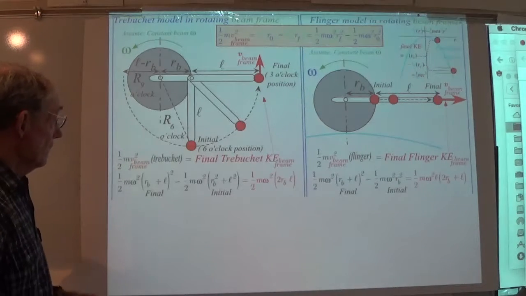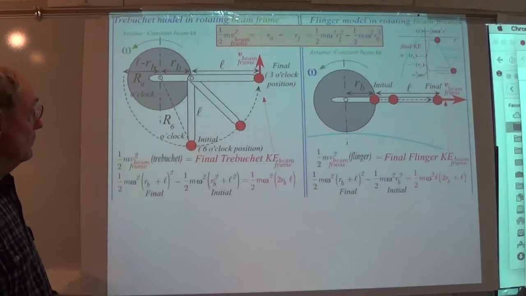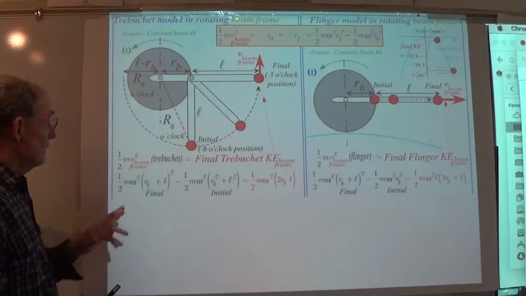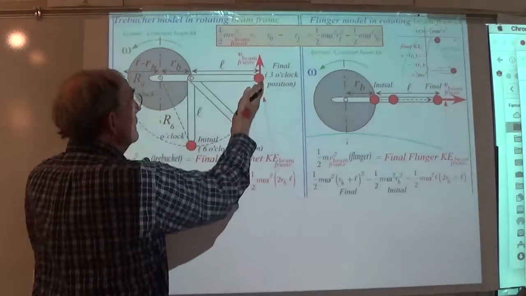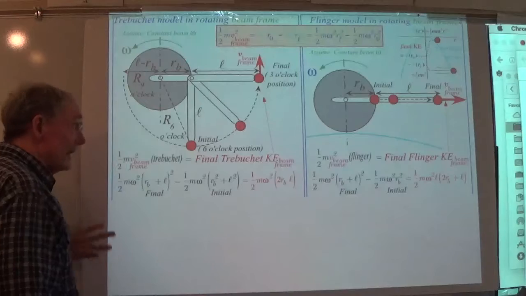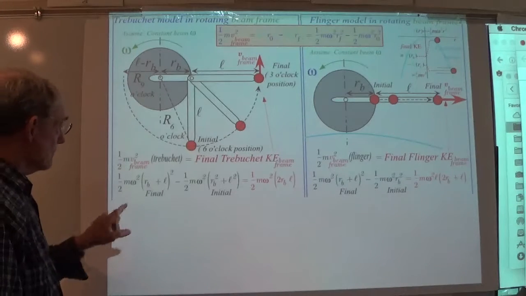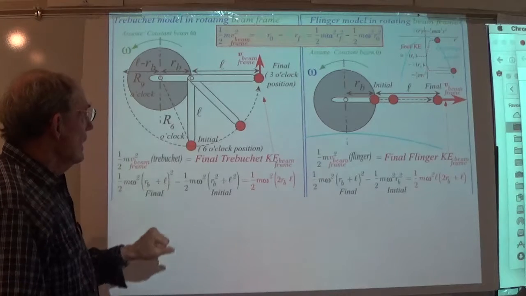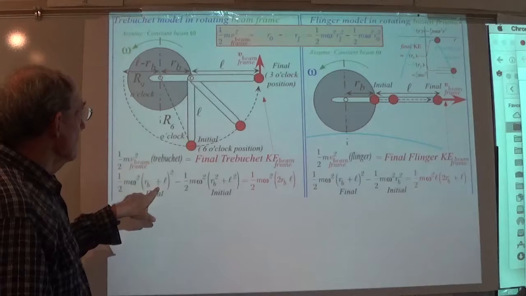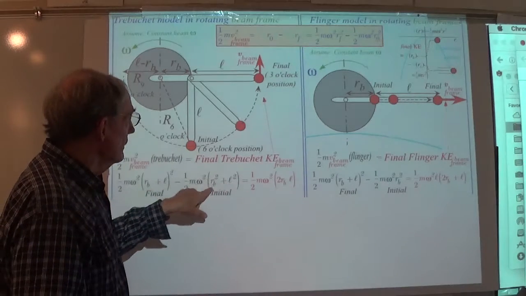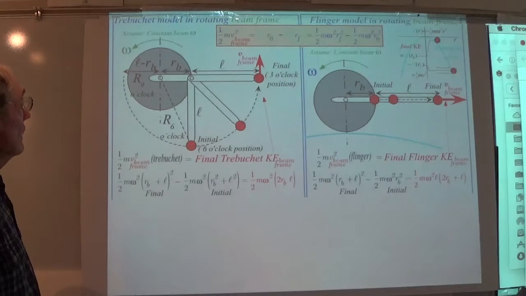So, here's the trebuchet's equations of motion, okay? The final here, RB plus L, there's RB plus L, that's where we're going to release the thing at 3 o'clock, okay? And we're going to start with this, I'm sorry, this is the final, and we're subtracting the initial here, RB squared plus L squared.